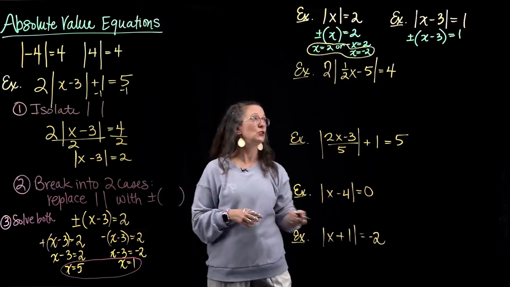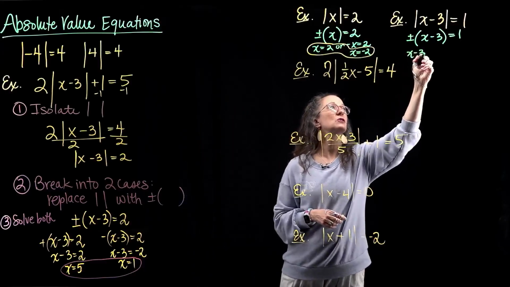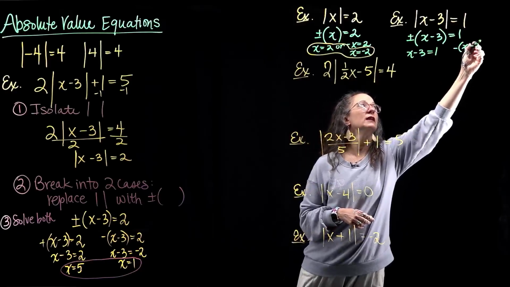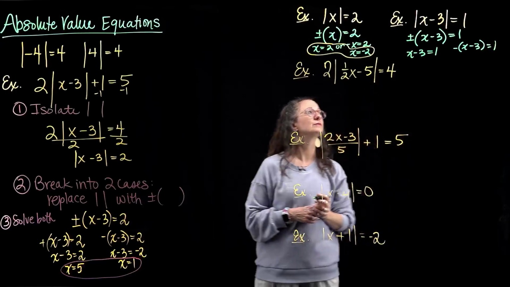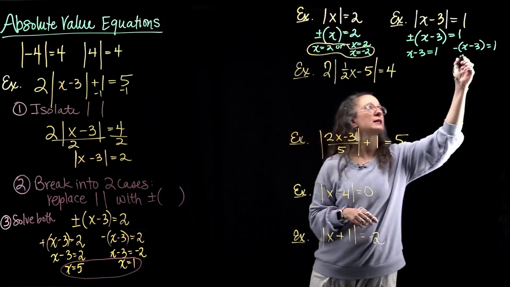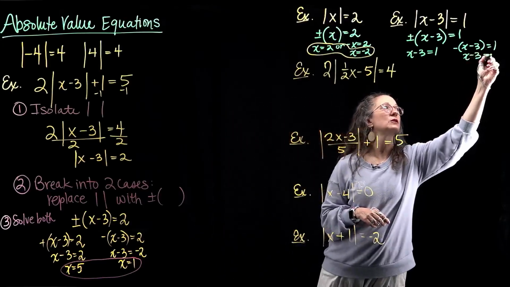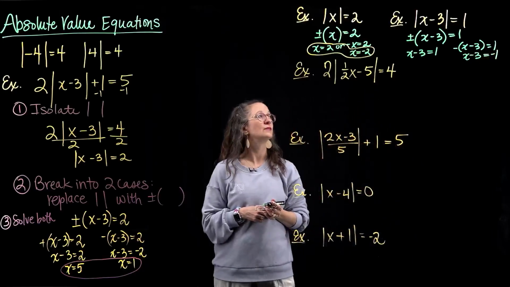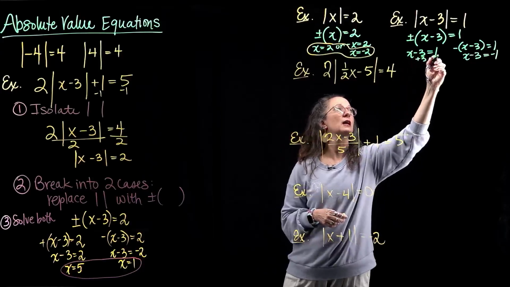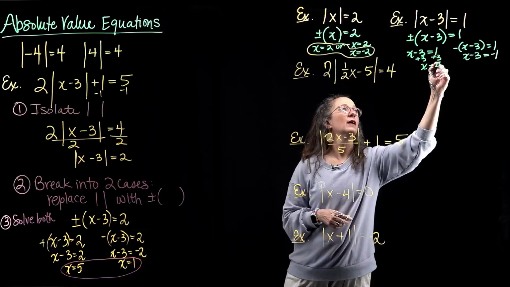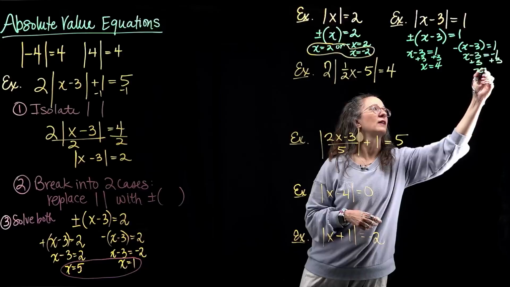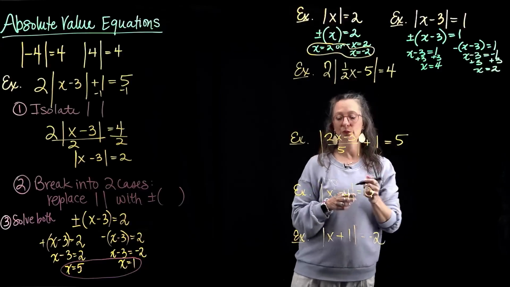We'll break it into the two cases. x minus 3 is equal to 1, and negative of x minus 3 is equal to 1. I'm going to rewrite that second one as x minus 3 is equal to negative 1, and we'll solve them both. So I'll add 3 to both sides. I get x equals 4, and x equals 2.